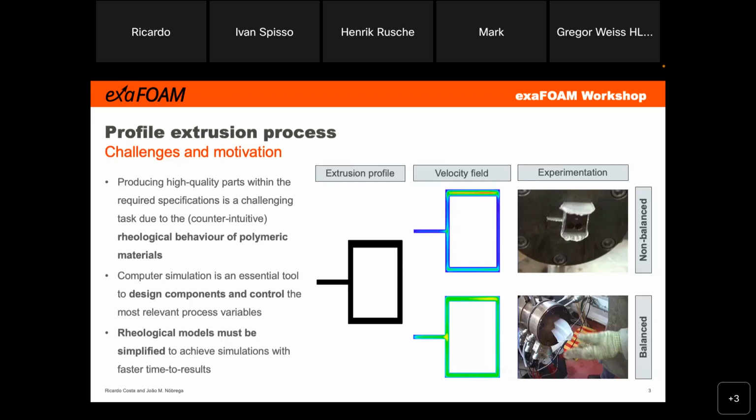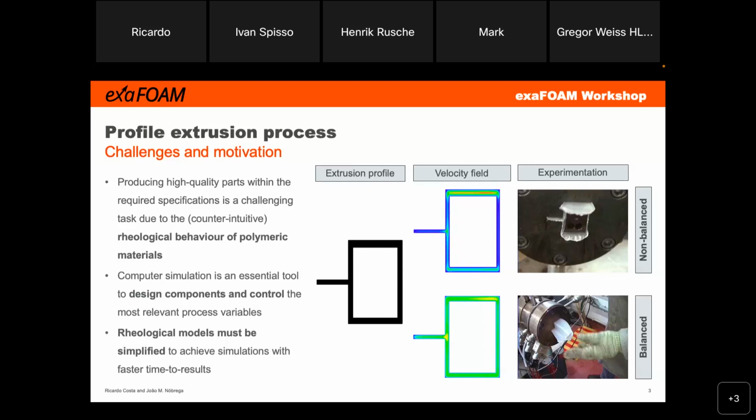So at the end of the day, often these simulations are performed considering simplified models, which are easier from the computational point of view, but they fail to properly represent the physics in the process.